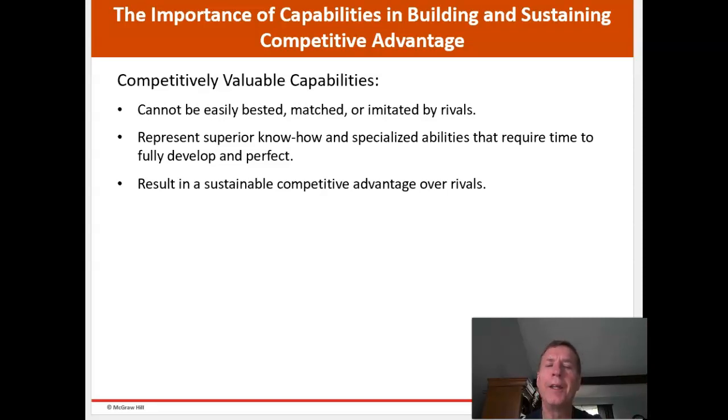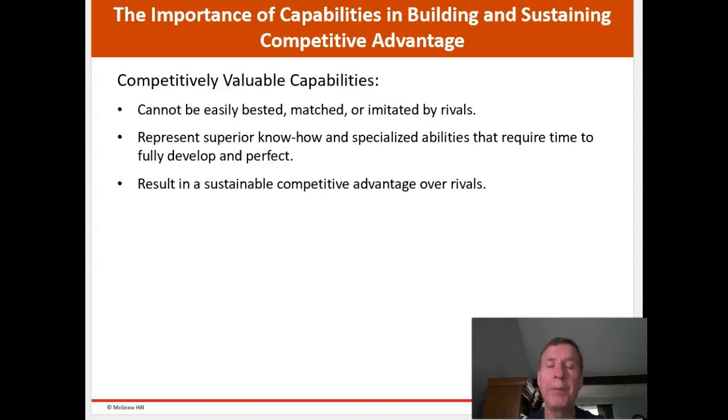So the importance of capabilities in building and sustaining a competitive advantage is the next topic that the book covers. So first-rate capabilities and skills are essential in this pursuit of a competitive advantage that is going to lead to your strategic success. This is why we want to retain people that are quality personnel, right?